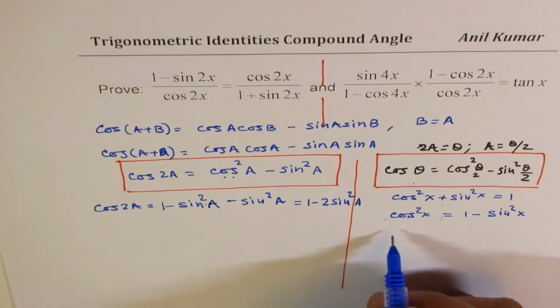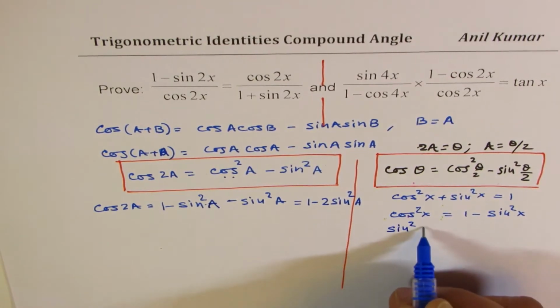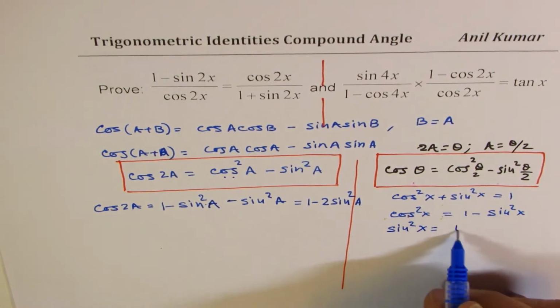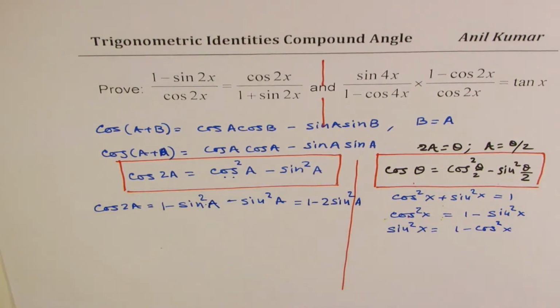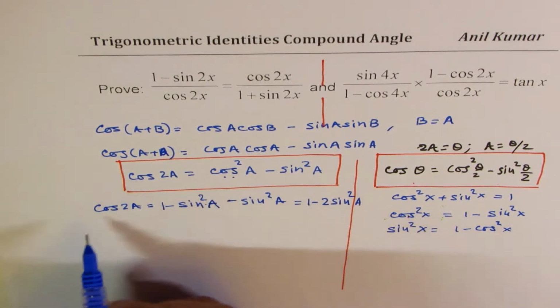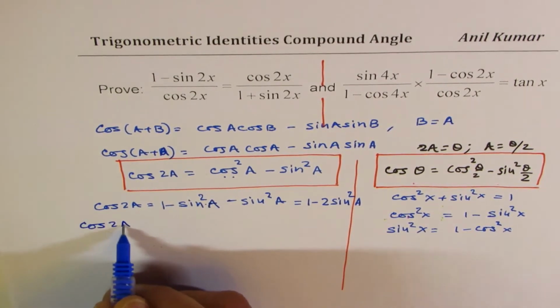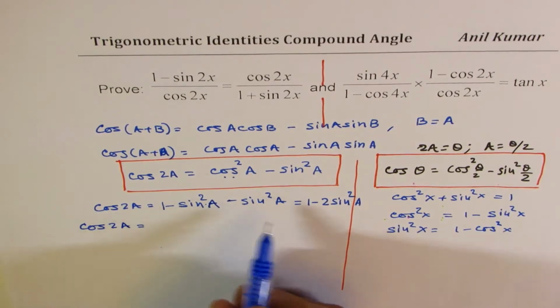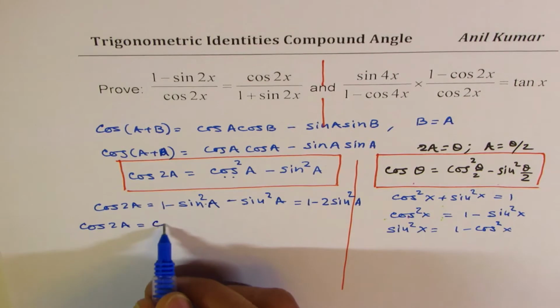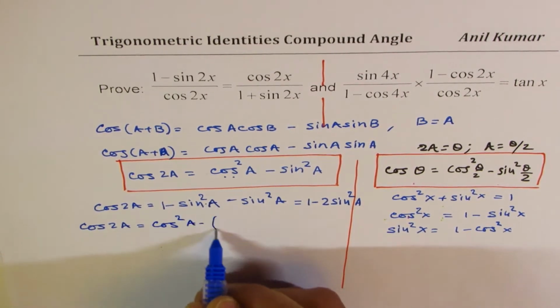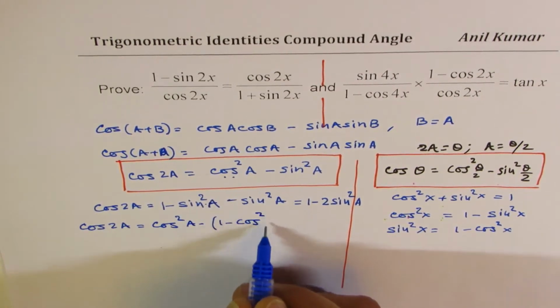And similarly, if I replace sine square x with 1 minus cos square x. I'm using x, theta, a, all these different terms to get you familiar that the argument could be written as any alphabet, okay? So in that case I could write cos 2a equals, replacing sine square a this time with 1 minus cos square a, so I get cos square a minus (1 minus cos square a).